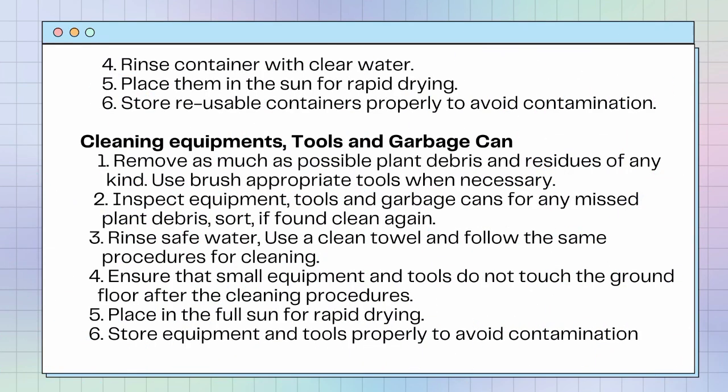Number 4. Rinse containers with clear water. Number 5. Place them in the sun for rapid drying. And number 6. Store reusable containers properly to avoid contamination. Cleaning equipment, tools, and garbage cans.